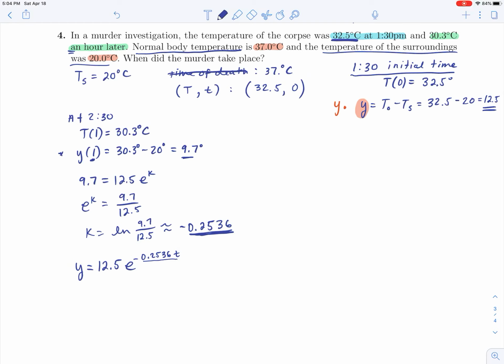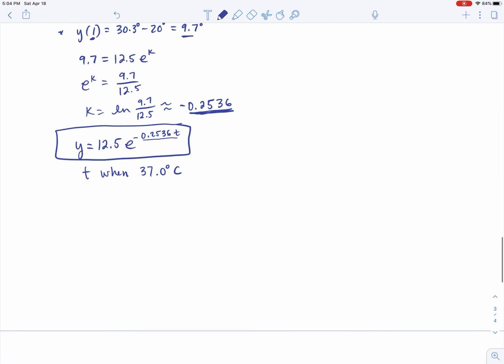So we have our model. And then we want the time of death. So we want t when the body was normal. Okay. So we're just going to sub in 30. Actually, before I do that, remember this right here isn't capital T. It is lowercase t.